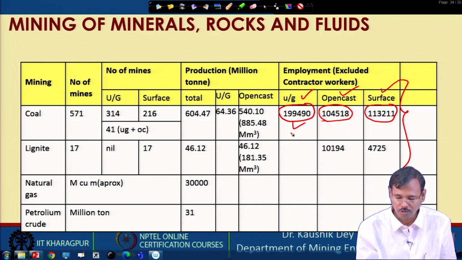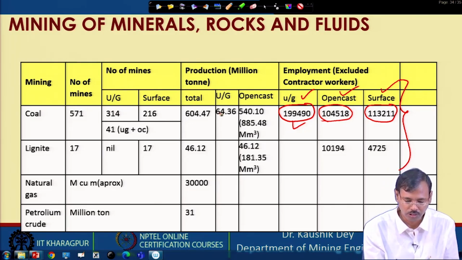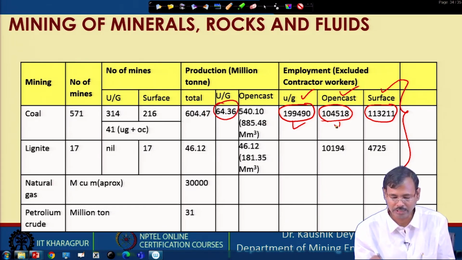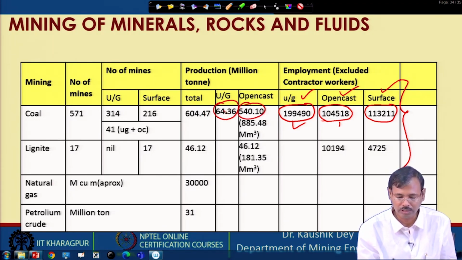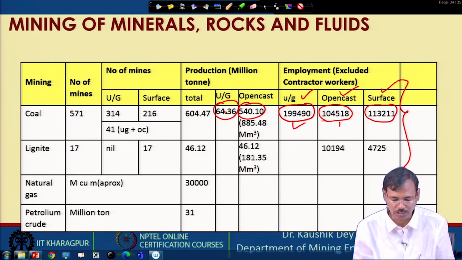You can see almost double the employment is there for this small production, but with half of that, this much is being produced. That means surface mining requires less manpower but generates very high production, and this is a very important aspect of surface mining technology.